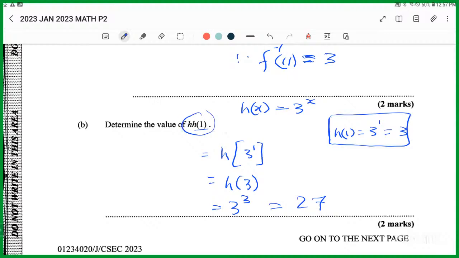Remember, for this h of h of 1, they could have written instead h squared of 1. Right? They could have given you this. H of h of 1 is the same as h squared of 1. It's the same thing.